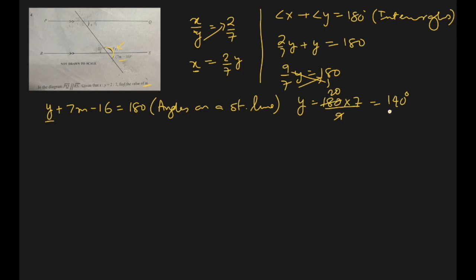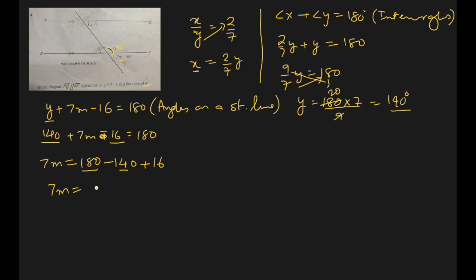So Y we know is 140 now, plus 7m minus 16 equals 180. Just put these two numbers on the right side, and it's not plus, it's minus. 7m stays here, 180 minus 140 plus 16. So 7m will be 40 plus 16, 56.